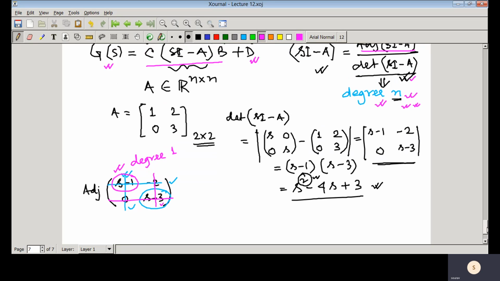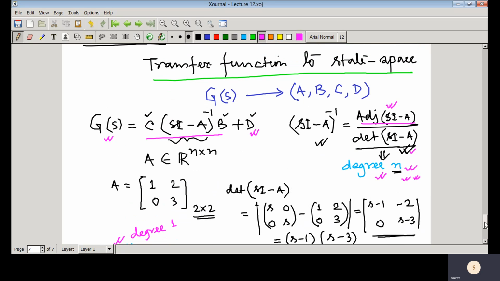that if you have an improper transfer function, which we have already discussed, improper transfer function means the numerator's degree is greater than the denominator degree.